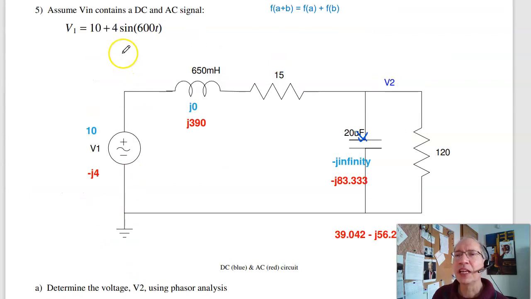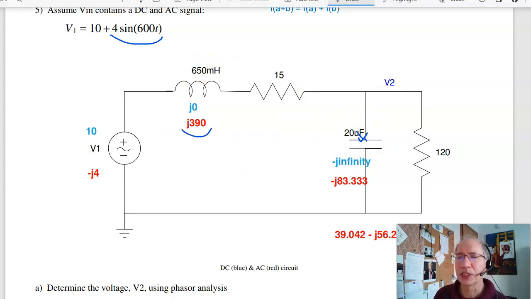Now the AC term, that's in red. Here's the input. My input is 0 minus j4, 0 cosine, 4 sine. Omega 600, j omega L is j390, that's the inductor. 1 over j omega C is 1 over j times 20 microfarads times 600.